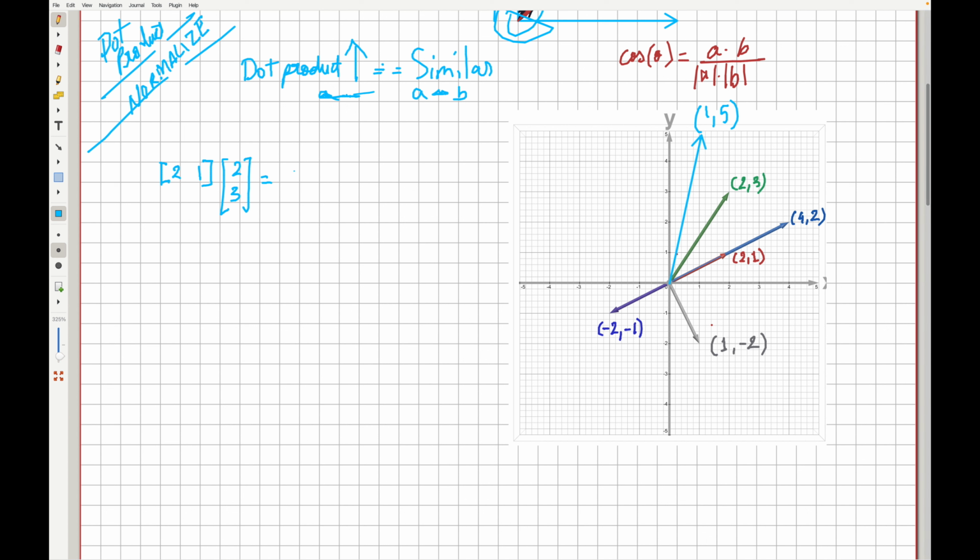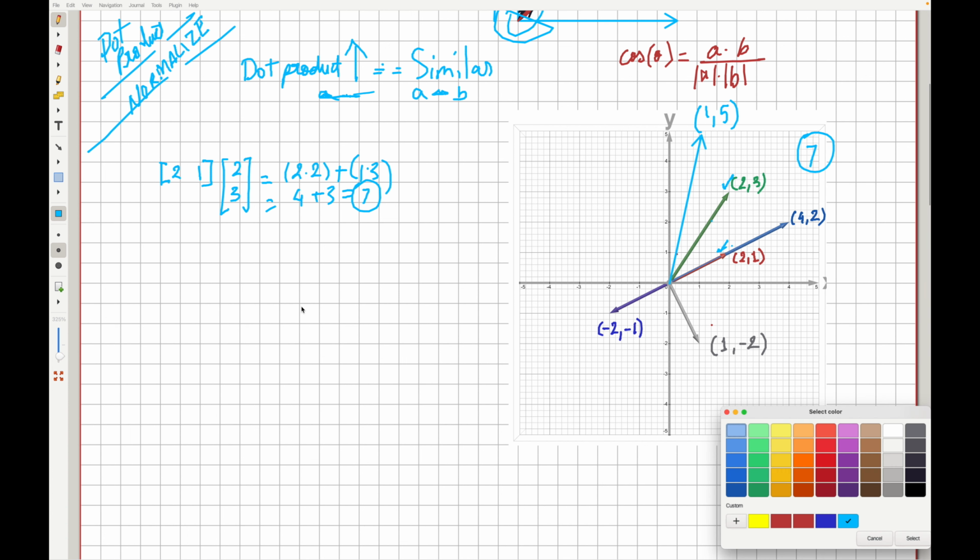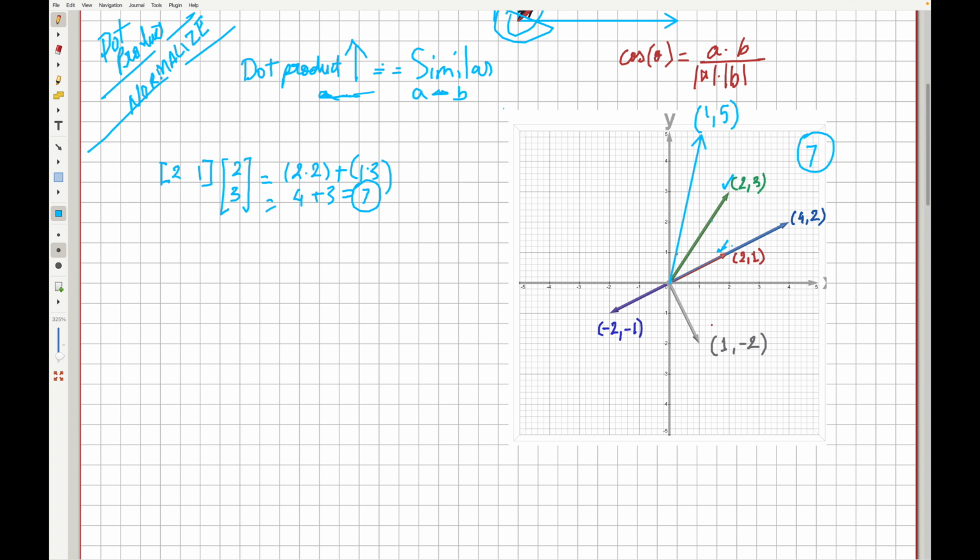If you try and take the dot product of this, we have 2 times 2 plus 1 times 3, and that gets us 4 plus 3, that is 7. So the dot product of this vector and the red, what we get is a value of 7. Now if we take the dot product of again 2 comma 1, but then we use another vector 1 5, which is of different magnitude.